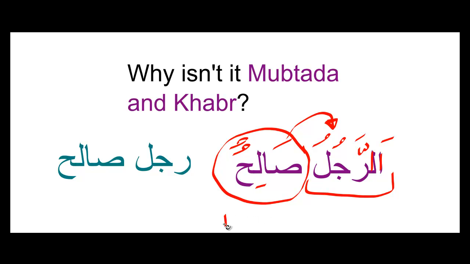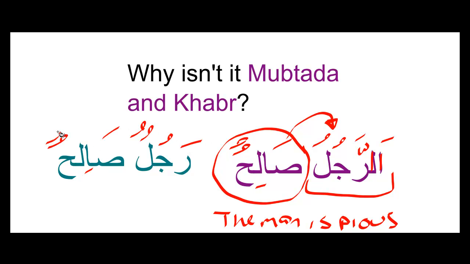So the translation, or the way we understand it, is the man is pious. And so it's a complete sentence. Whereas here, rajulun salihun is only a pious man. Okay? It's not a complete sentence.